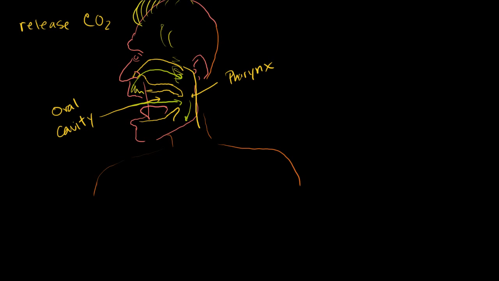So your pharynx gets split. In the back, you have your esophagus, and we'll talk more about the esophagus in a future video. In the back, you have your esophagus, and in the front, let me draw a little dividing line there. In the front, let me make it connect like that. I'm going to use yellow to continue, and I'm going to use green for the air. So it divides just like that. So this is the dividing line.